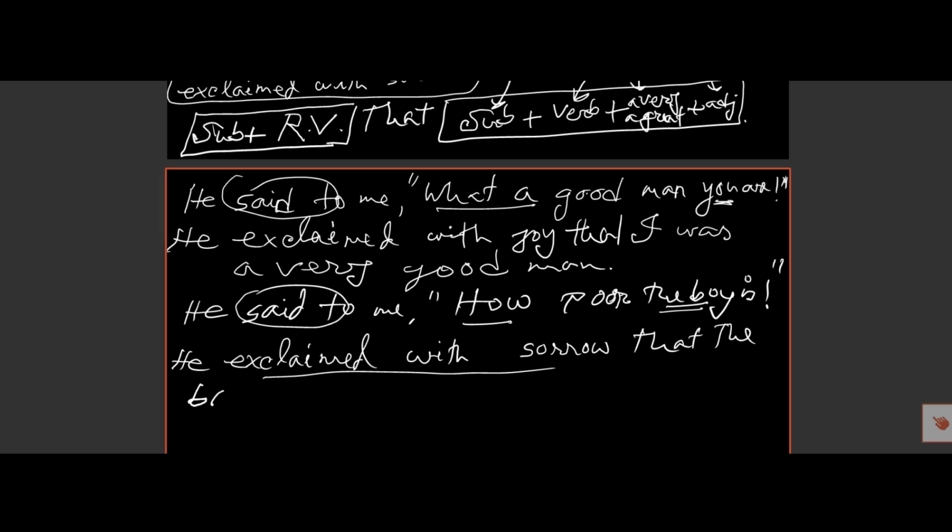So the boy. If the person is in the third person, the person will not be changed. So the boy, third person, will be set here. How poor the boy is: the boy, then the verb am, is, are will be changed into was.